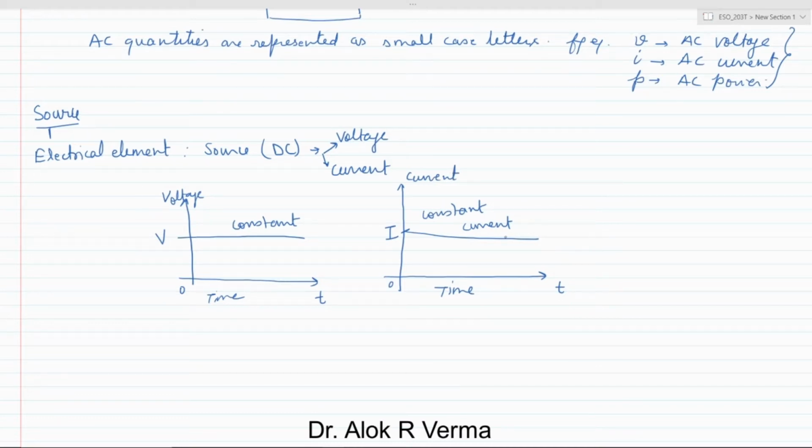The constant current means, whenever we talk about the DC source which is ideal, we'll define something very non-feasible or practically impossible, but we can assume it as a part of the circuit, which is the ideal voltage source. So what is the ideal voltage source?